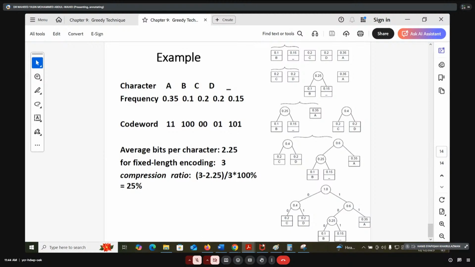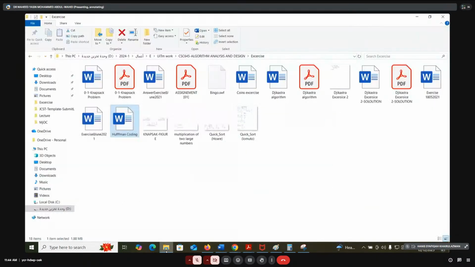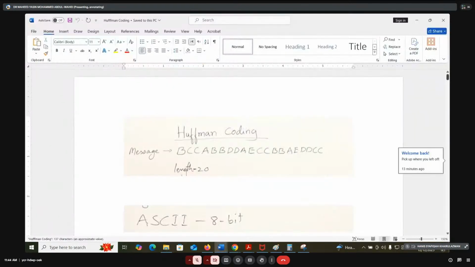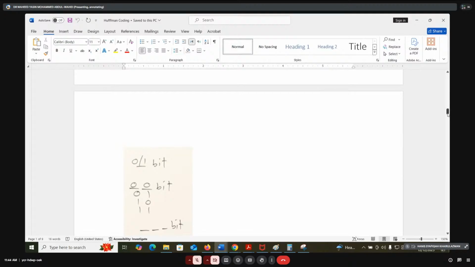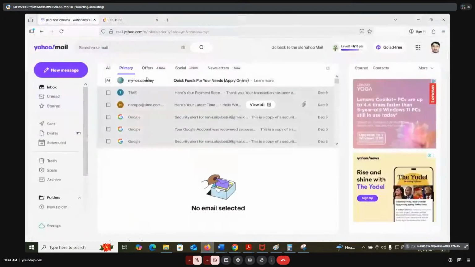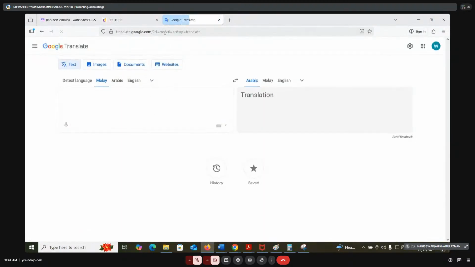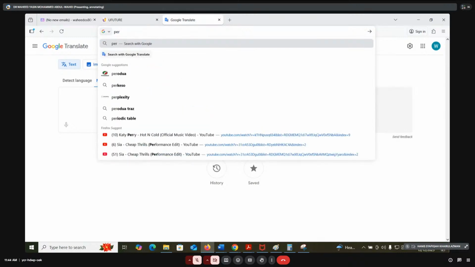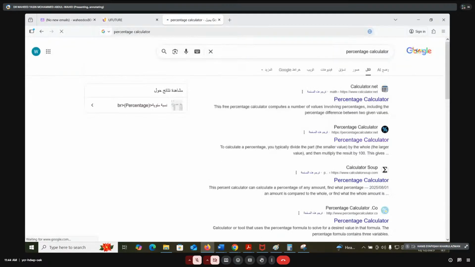So if I want to see my example, where is my example here? Here, before I used Huffman, for the one that I used here, how much was it? Percentage calculator.